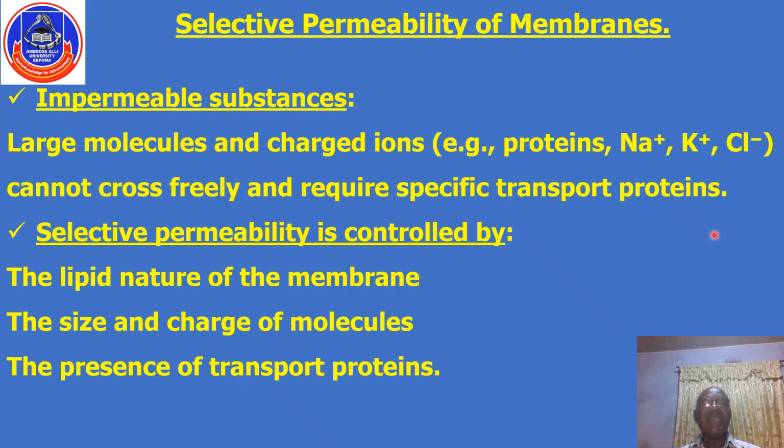Now, the selective permeability is controlled by the lipid nature of the membrane, the size and charge of the molecules, and the presence of transport proteins. I'm sure you are already familiar with these.